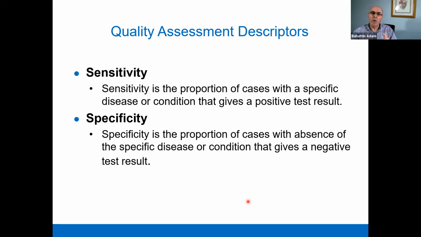And now you are using your new test to see how many of them are positive. If you have 100 COVID patients and you test these patients by a new test, sensitivity means the proportion of cases with a specific disease, with COVID, as I gave as an example, that give a positive test.